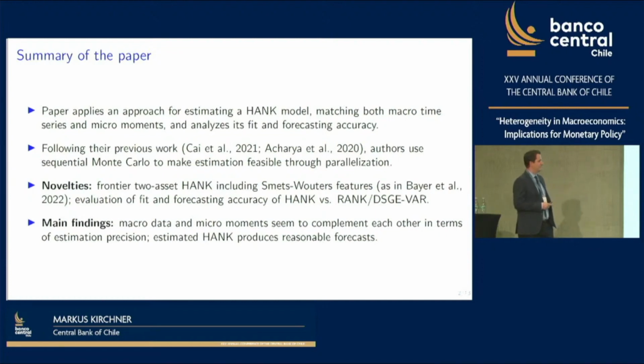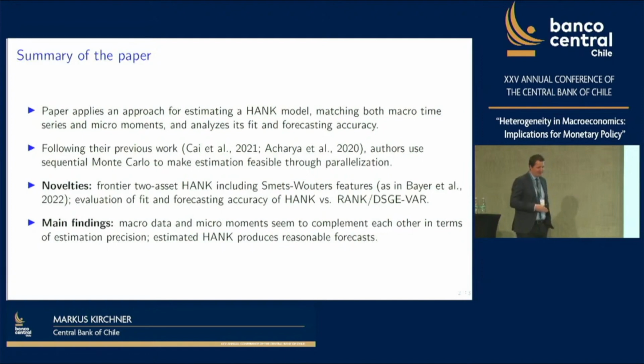The more substantial contribution in this paper is that they do that forecasting accuracy analysis and fit. I read the previous version, the Acharya et al. paper, and didn't see the forecasts until now. I think if I had seen them before, I would be a bit more enthusiastic here.